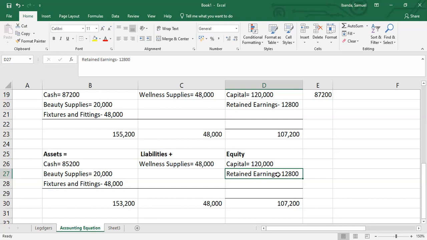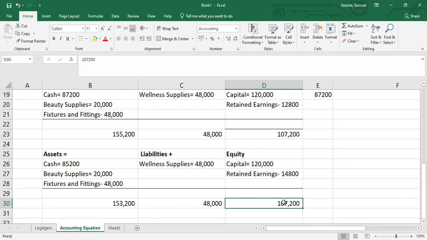And as profits reduce, retained earnings also reduce. So I'm going to effect this by the 2,000, so this will become negative 14,800.